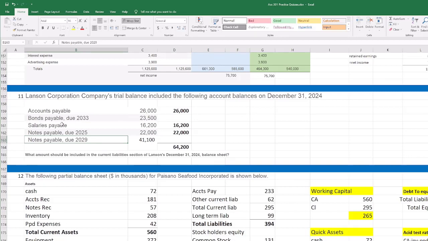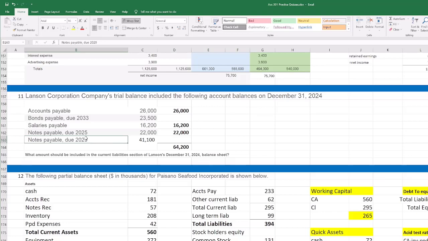What this is testing is, do you understand that the current portion of long-term liabilities needs to be in the current liability section. So 2033, that's due in 9 years, so that's going to stay in the long-term liabilities. Salaries payable, yes, we're going to pay that next time we pay payroll, so that's a current liability.